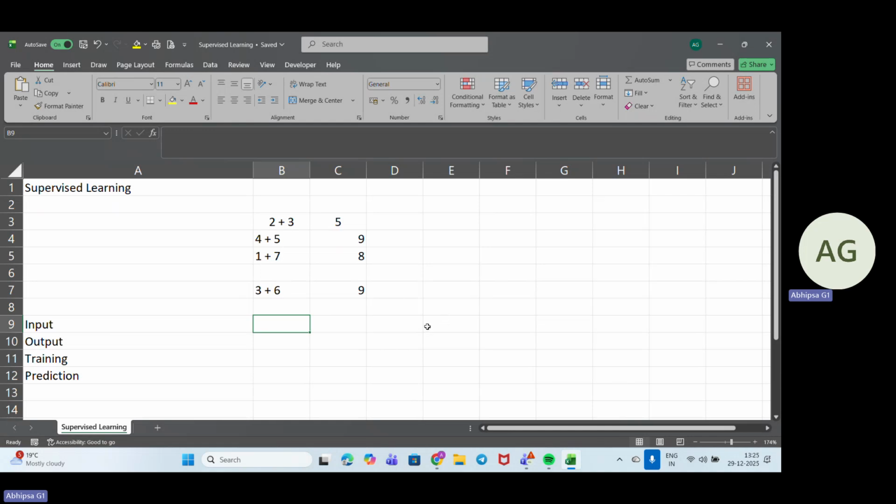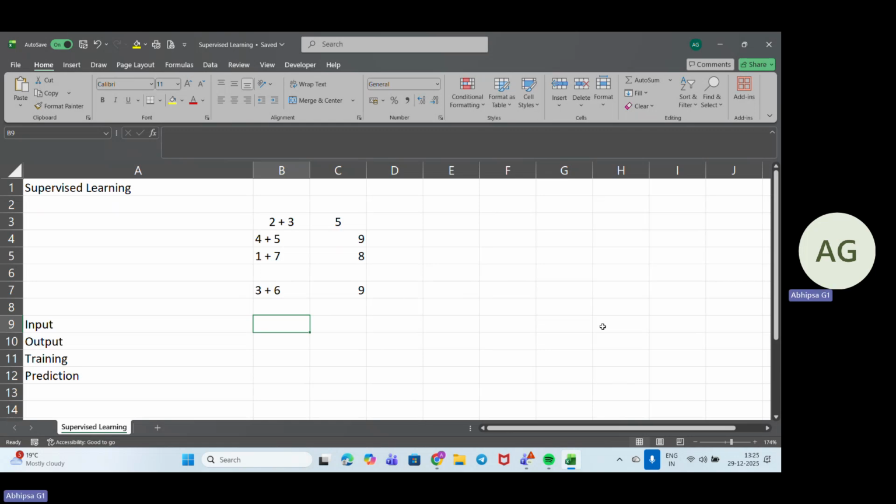Okay, so what is the model doing? The model is learning how to do the calculations. And after that, when we give the model any unknown number, it tries to predict what my answer would be. So this is basically what my model is doing.